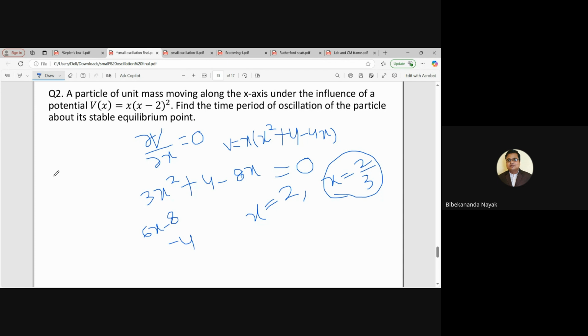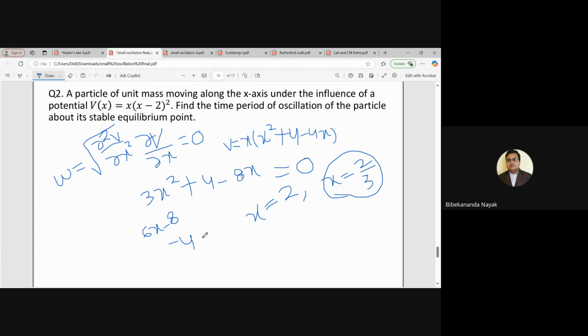So what is the omega? According to the formula, unit mass is given, so m is 1. So you only have to calculate root over of del square V by del x square. Sorry, if x is equal to 2 by 3, then it is minus.